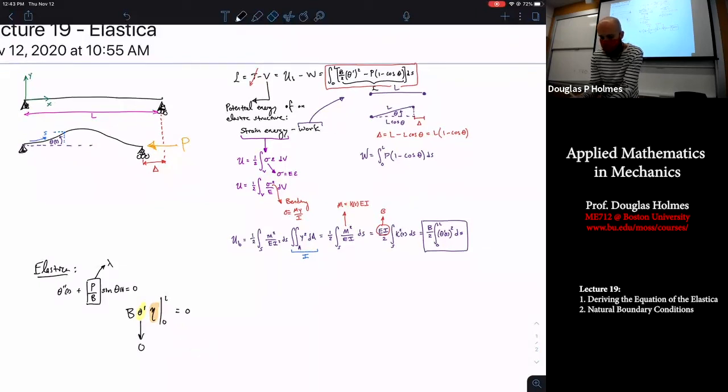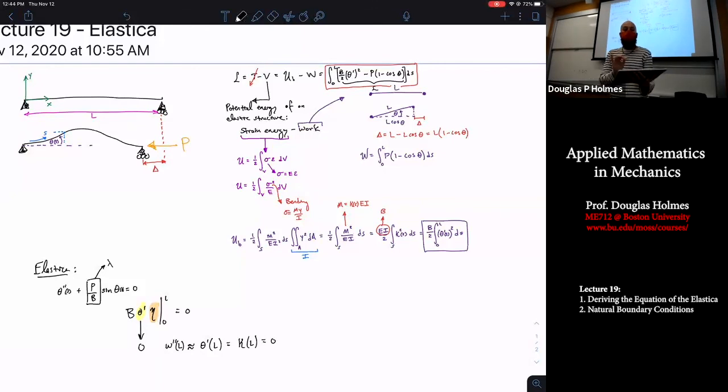That quantity is equal to theta prime at L, which is also the same as kappa at L, which is also the same as what you probably learned in mechanics of materials, which is approximately equal to the second derivative of your deflection at that point. No curvature, that's a simple support at that boundary.